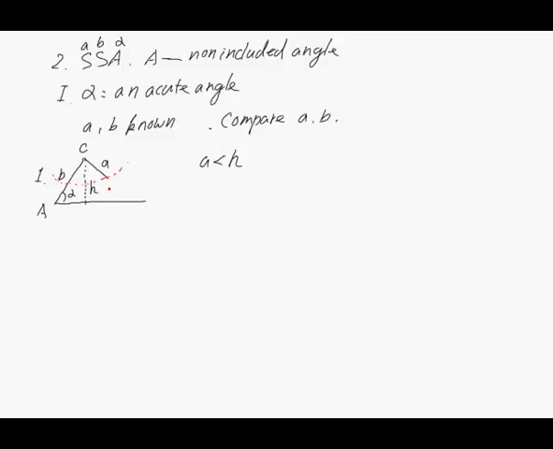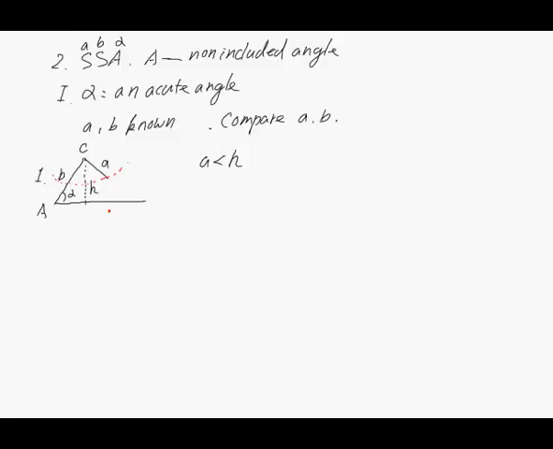And the circle does not touch this bottom line. So that means, in this case, these two sides and this angle cannot be part of a triangle. You cannot form a triangle because this side does not touch the third side, right?